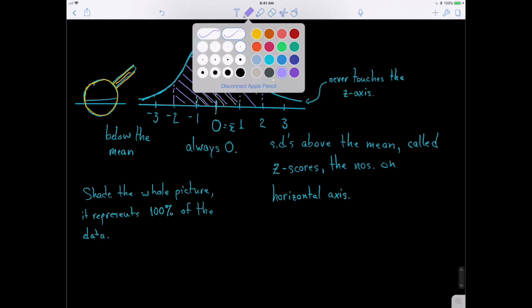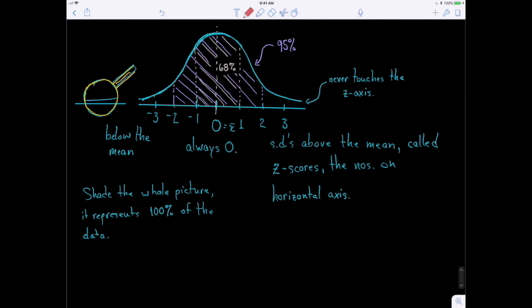Now, let's be so crazy that we go all the way out to 3 standard deviations. So I'm going to go 3 standard deviations below and 3 above, and then start shading. If I do this, I will have shaded 99.7% of my picture.